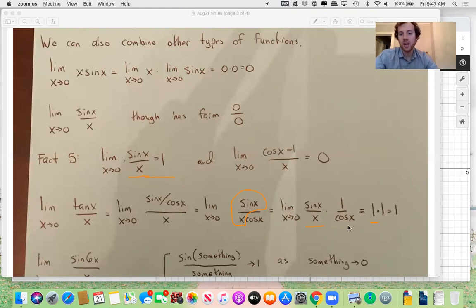For 1 over cosine x, here we can find this by evaluating. This limit is 1 over, sorry, the pen isn't great on here. This is 1 over cosine of 0. Cosine of 0 is 1. 1 over 1 is 1. And then multiplying these numbers together is 1.